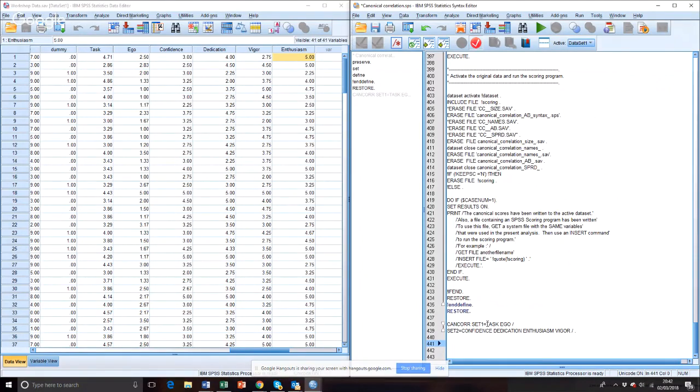And this is the syntax that you need to write to run that particular analysis. Here, cancor set1 equals task ego, next line enter set2 equals confidence, dedication, enthusiasm, vigor, and then a full stop, and that full stop is really important.